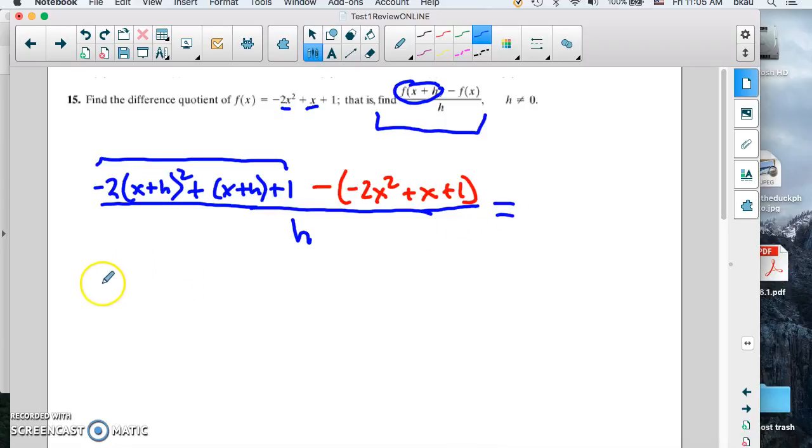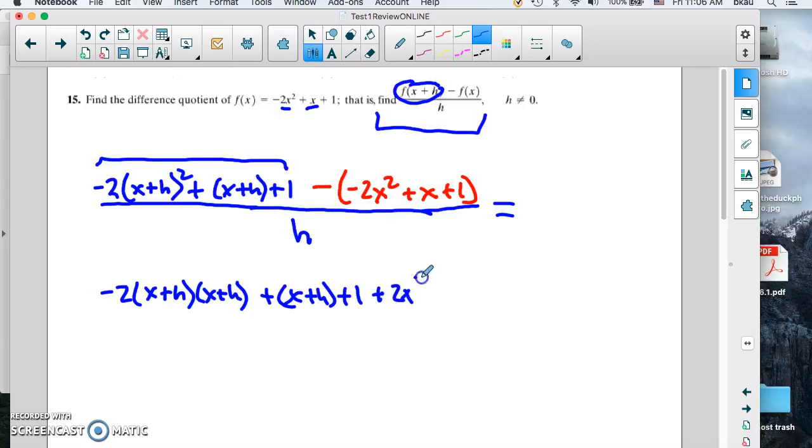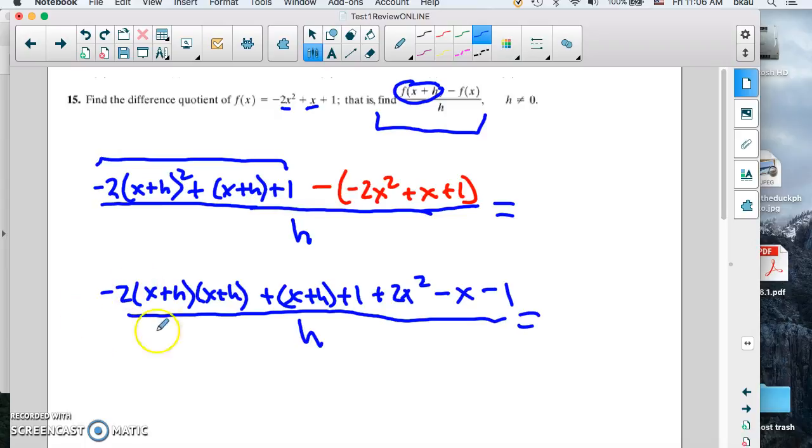So let's do that. First, we do parentheses first. So we're going to take this x plus h times x plus h and square it first before we do anything else. Also, I'm going to change the signs on these, so this is going to be plus 2x squared minus x minus 1. We change all of those signs, and we're going to simplify this using FOIL.